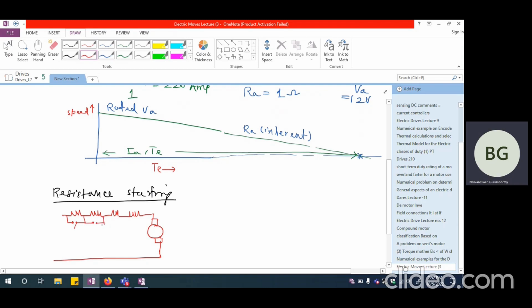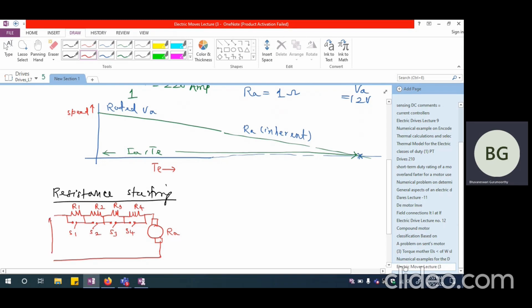This switch will be closed once the motor picks up speed to a certain extent, and these switches will be closed sequentially. Let me call these R1, R2, R3, and R4, and the inherent resistance is RA. Let me call the switches S1, S2, S3, and S4. So I'm having 4 steps of resistances here along with the inherent RA to limit the initial starting current.